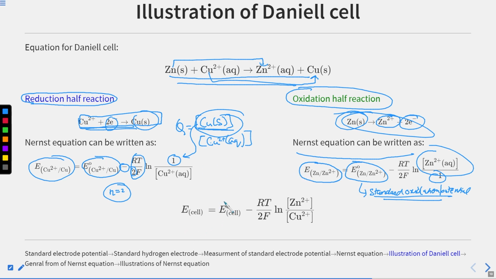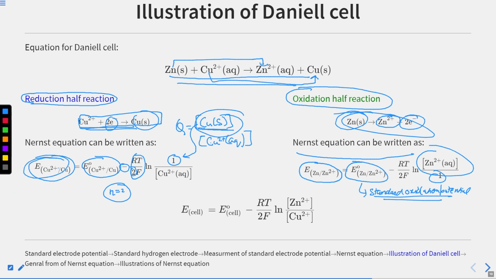Now if you remember from the previous discussion, I told you that the EMF of the cell is simply the addition of the electrode potential, or the reduction potential, of the species getting reduced plus the oxidation potential of the species getting oxidized. Which species is getting reduced? It is copper.